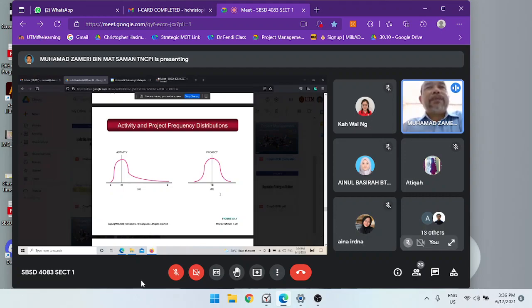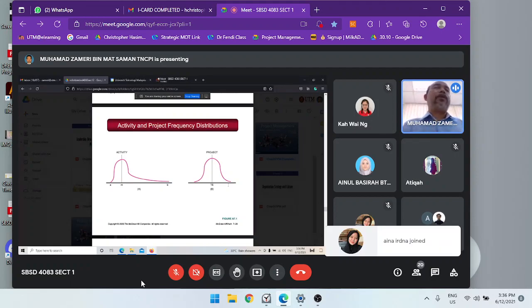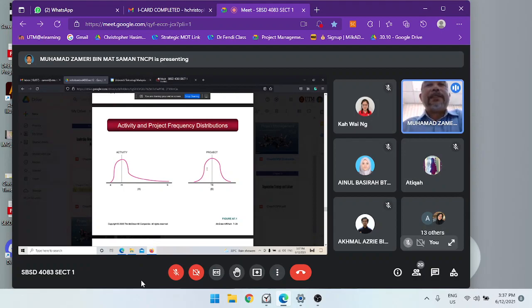At the middle is our target, and we have a plus minus standard deviation. For example, we have 90 plus minus 0.1. So 90 is our target, and then we have minus 0.1 or plus 0.1. So this is a bell shape here.